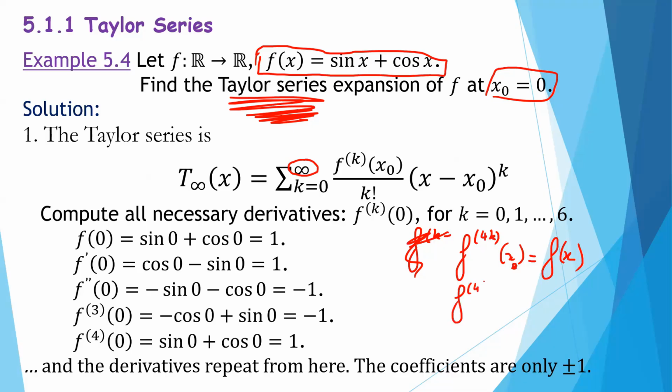The derivatives of order 5, sorry, 9, and so on are the same as f prime. Order 6 is the same as f double prime. And orders 7, 11, 15 are the same as the third derivative. Okay, so we'll have 1, 1, minus 1, minus 1, and then repeat 1, 1, minus 1, minus 1, 1, 1, minus 1, minus 1, and so on.